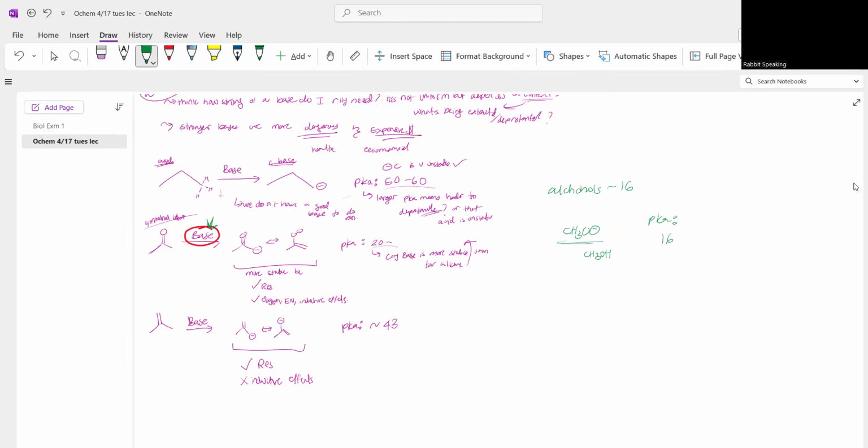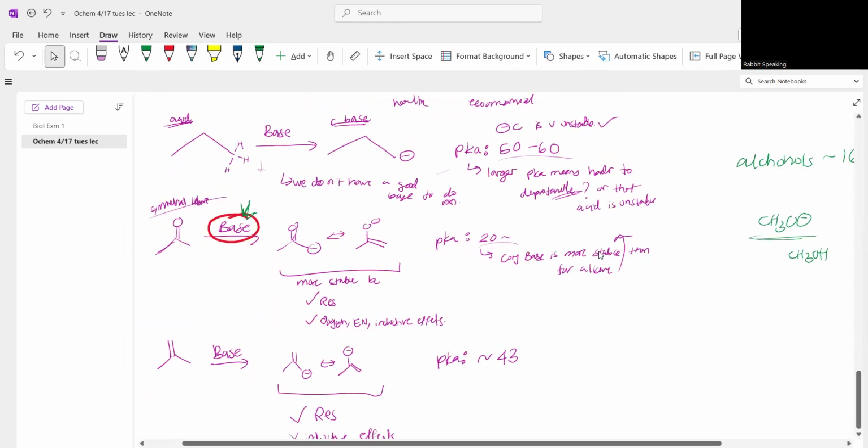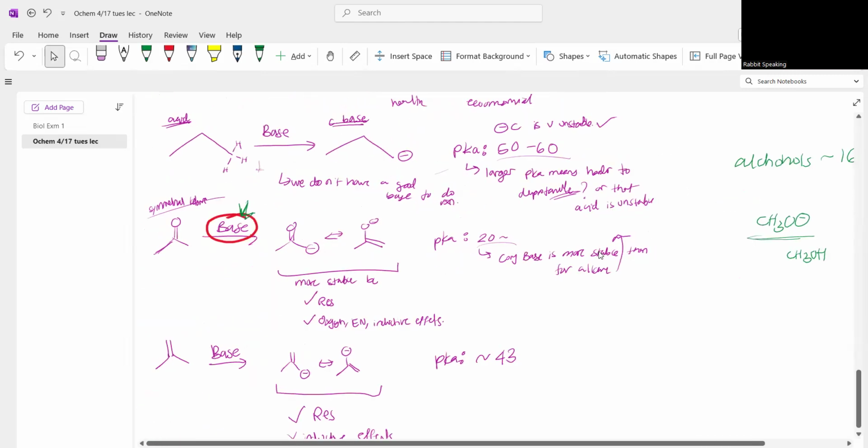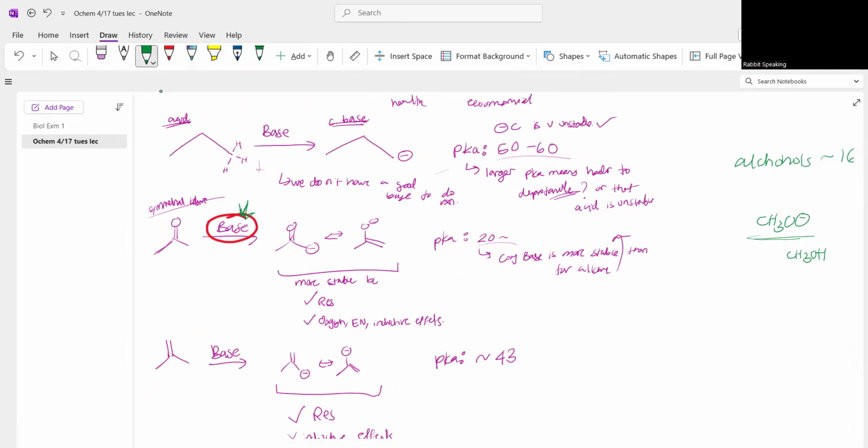So the question is, can we use this as a base? We actually cannot use this as a base because the pKa of this is 16.